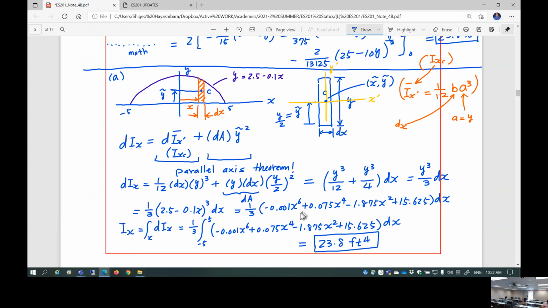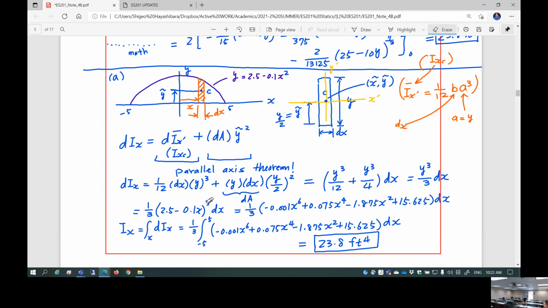In the original graph, it has y equals 2.5 minus 0.1 x to the second power. Is this one different? Sorry, x squared. And then the answer is b to the fourth power?